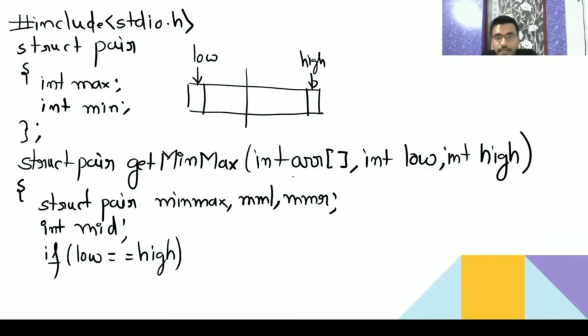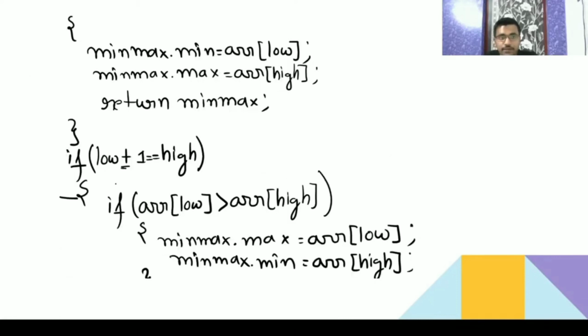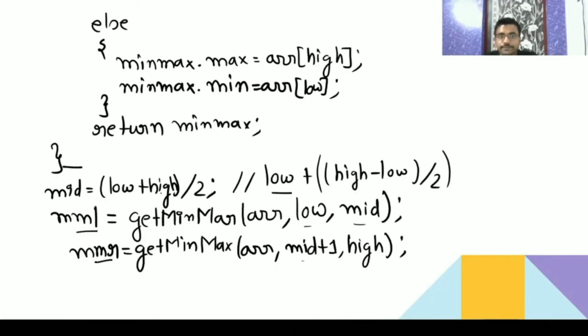Now see, if I assume that the time complexity of this get min max on actual low and actual high is T(n), then this is doing constant time. Now for comparison, this is also constant time. Calculating mid also takes constant time.